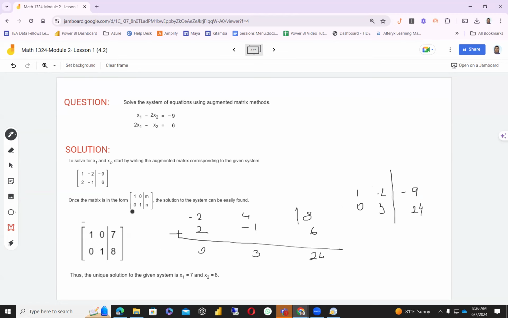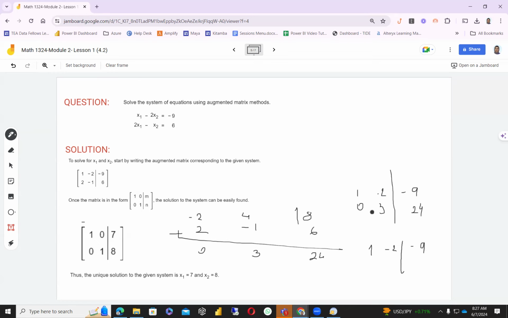Now, remember, I'm trying to put them in the form of 1, 0, 0, 1, so it's not quite there yet, but I have to keep thinking. So I need to find a way to make this a 0. Let's just go ahead and add these 2 rows first. So I'm going to copy the first one, 1, -2, -9.